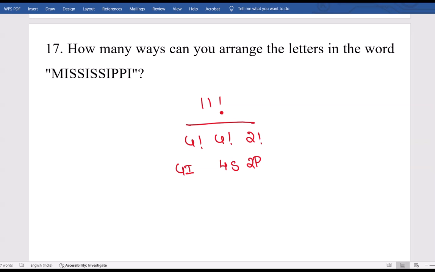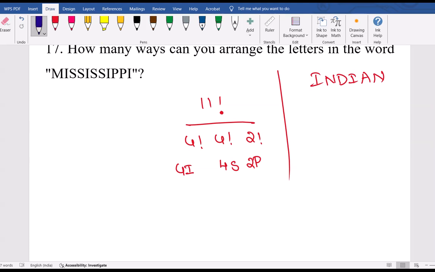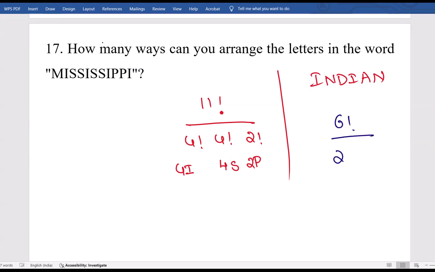It's not only this question. Let's say it's about the word Indian. How many letters are there? 6 letters, so 6 factorial divided by 2 factorial into 2 factorial, because i is repeated 2 times and n is repeated 2 times. If there is no repetition, then there is no need of dividing by anything.